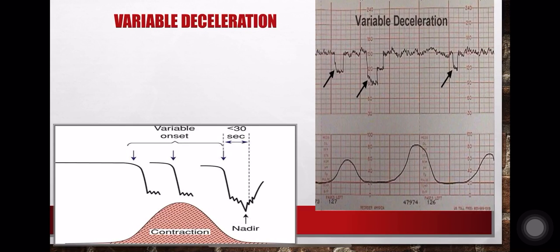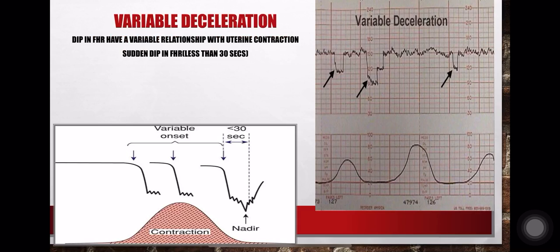Variable deceleration. Look at the image shown below. The dip in fetal heart rate has a variable relationship with uterine contraction, and unlike the early and late deceleration, there is no gradual dip, and here you see a sudden dip in fetal heart rate that is less than 30 seconds.